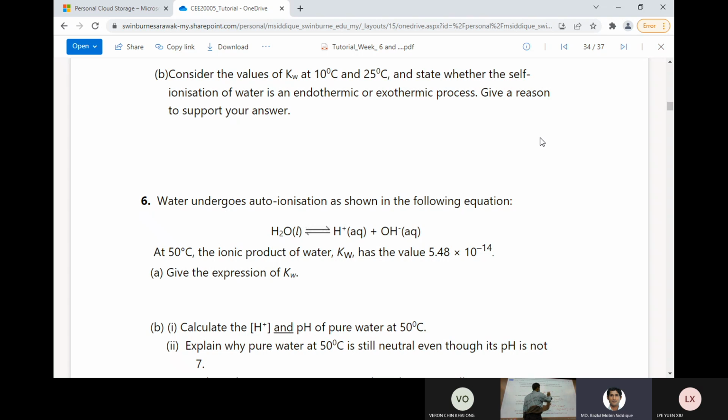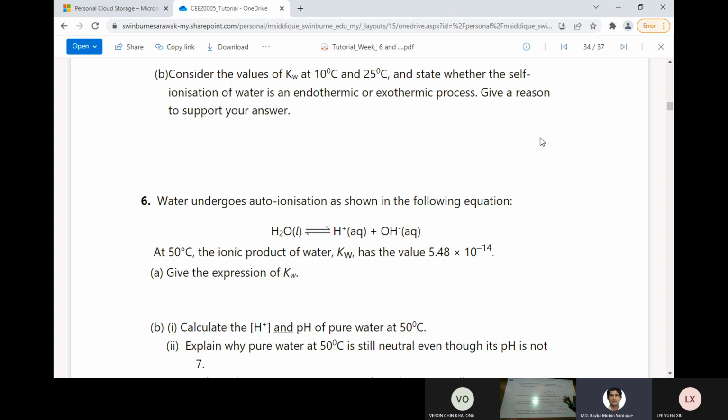So if we know the pOH, we can find the pH: 14 minus 7.27, which is 6.73. So this is the pH of the water.